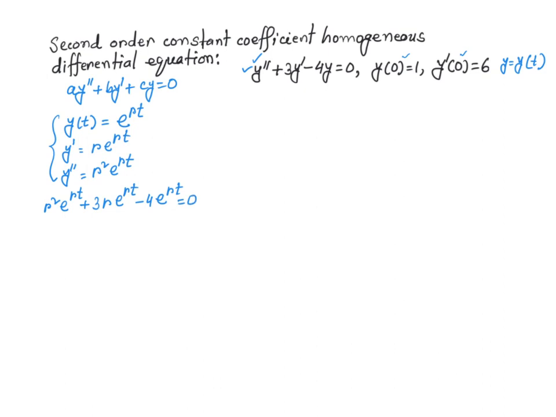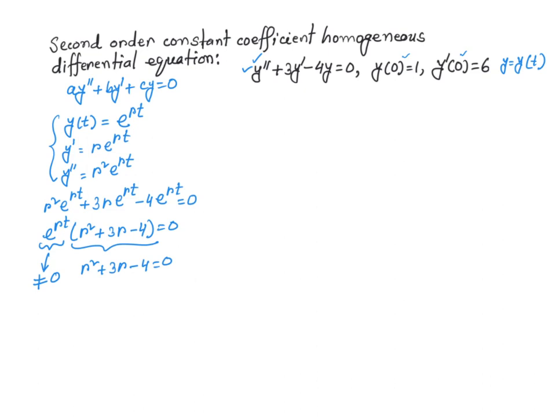And if I factor out e to the power rt, I'm going to have r square plus 3r minus 4 is equal to 0. And e to the power rt is not equal to 0 because this is an exponential function, so it's never 0. But in that case, this has to be 0, which is r square plus 3r minus 4 is equal to 0.